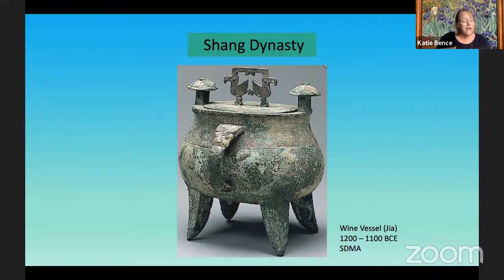A bovine mask adorns the top of the handle, and under the handle, it's hard to see in here, but right here is an incision of a figure of a rabbit head, and that references the family name of the vessel's owners. These zoomorphic decorative pieces were very characteristic during the Neolithic period and Shang dynasty.